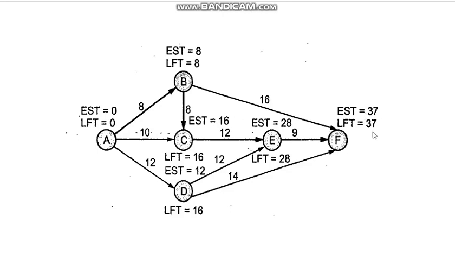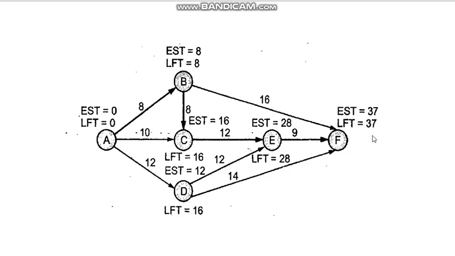In that case, this project will not be completed in 37 minutes. It will extend by that 1 minute, supposing that all the other things you have done on time. So you cannot delay the critical activities. If any critical activity is delayed, the project duration is going to increase. Okay, that is how it is.